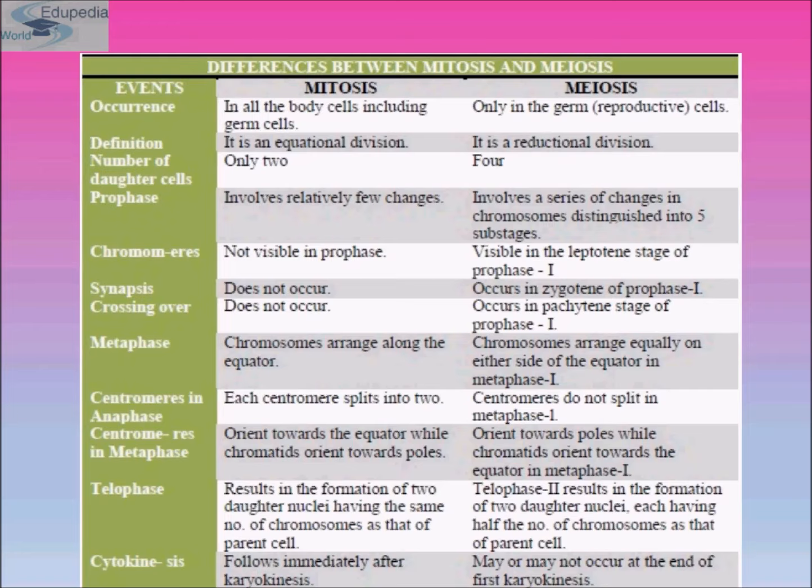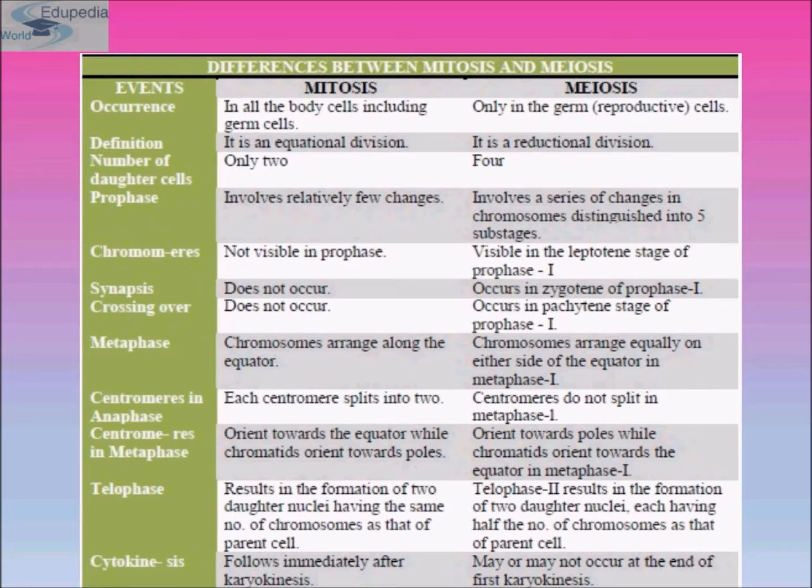Synapsis and crossing over do not occur in mitosis, whereas they occur in the Pachytene stage of prophase 1 of meiosis. In anaphase, the centromere is split into 2 in mitosis, whereas the centromere does not split in anaphase 1. Telophase results in the formation of 2 daughter nuclei having the same number of chromosomes as the parent cell in mitosis.